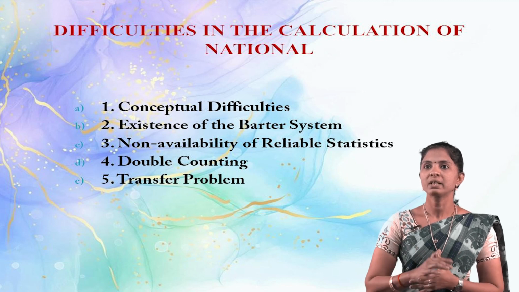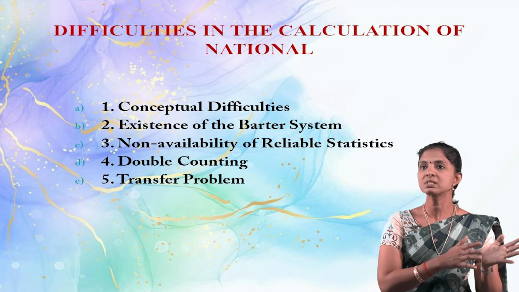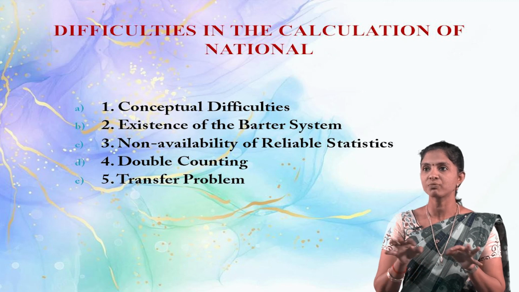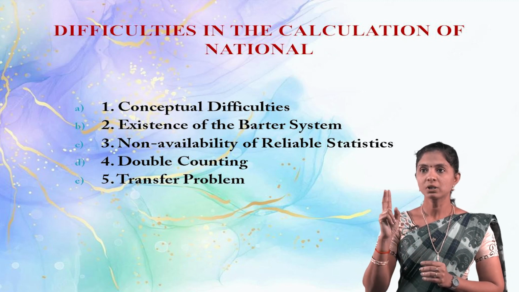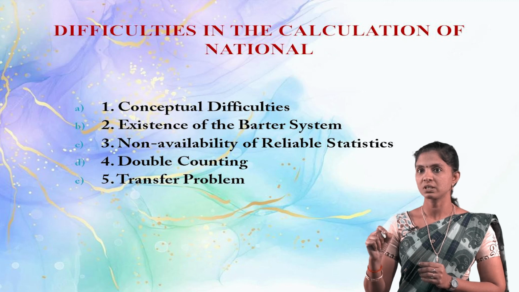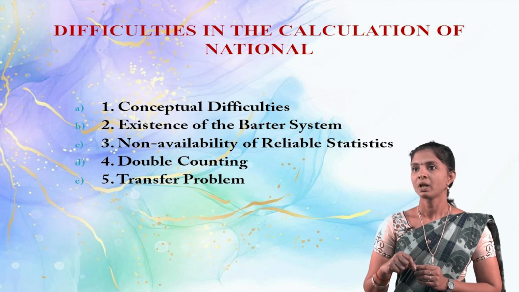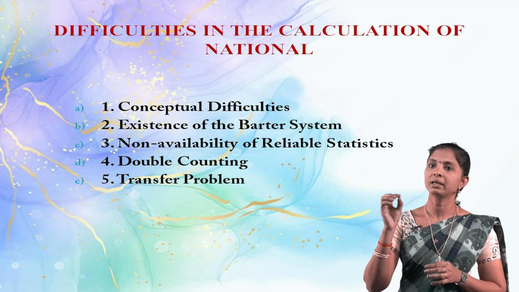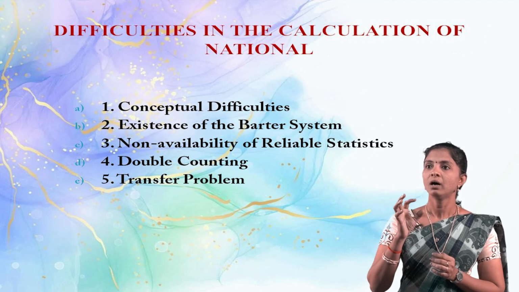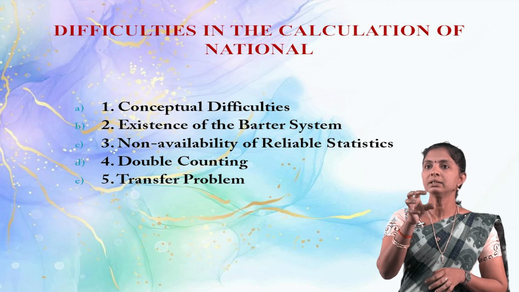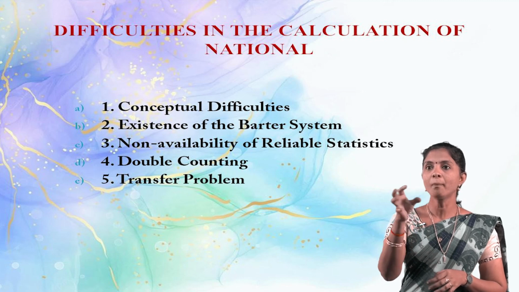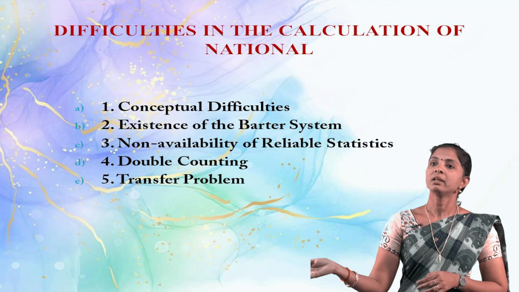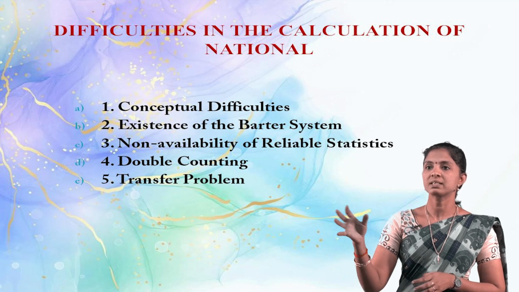Then fourth one is double counting. With the absence of differentiation in economic functioning in India, double counting is a difficulty associated with the calculation of national income. In the product census method, the error of double counting may creep in while calculating national income, counting raw materials first and then the finished product and services rendered.